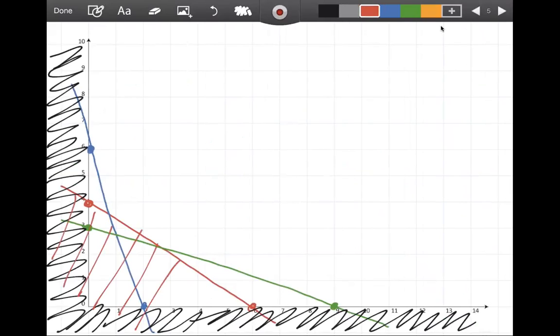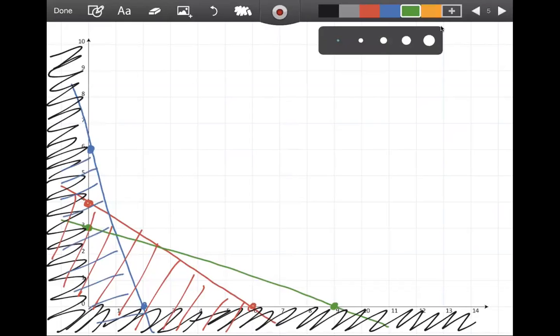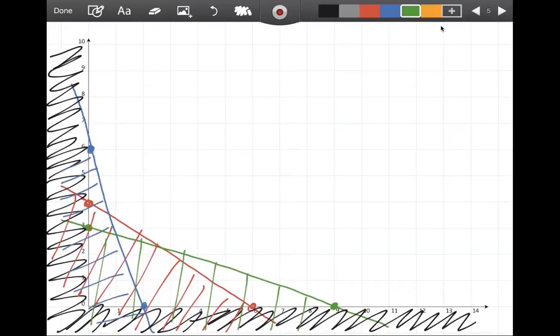So we'll get rid of this. We'll get rid of this. And we will get rid of this. All right, so hopefully you can see what's left. I will outline it here for you. This feasible set has as its boundary this line, and then it makes a little turn. Let me try that again.